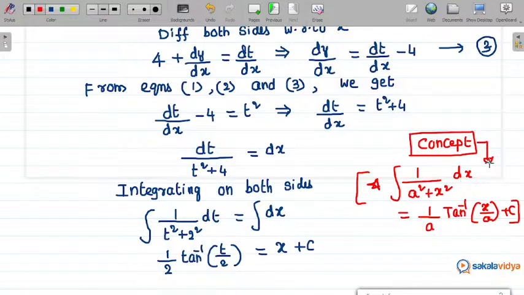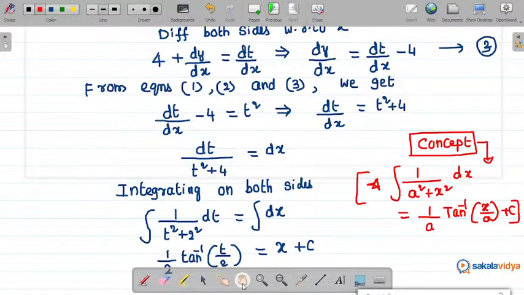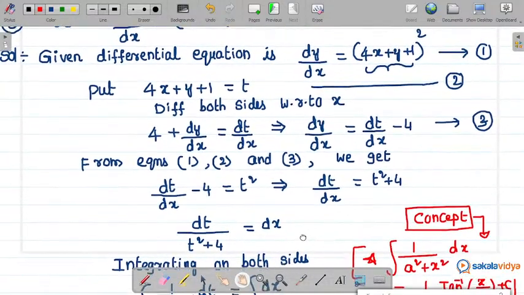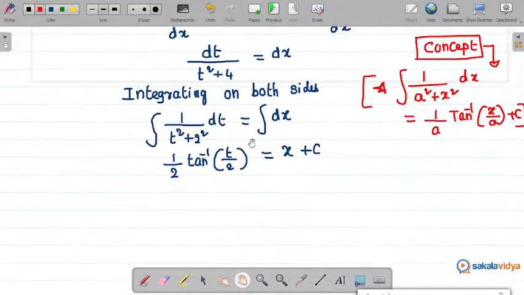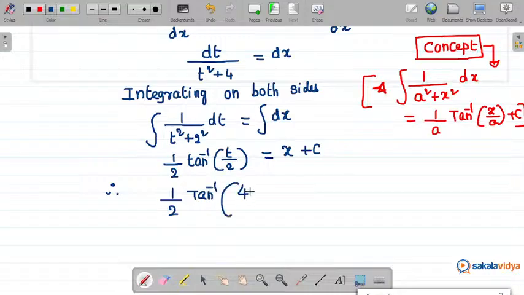So now what shall we do? Here t is the dummy variable. Now t we need to again replace from equation 2. t means 4x plus y plus 1. So therefore we get half into tan inverse of 4x plus y plus 1 upon 2, or divided by 2, equals x plus constant of integration.